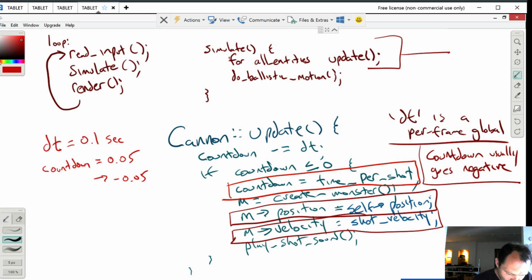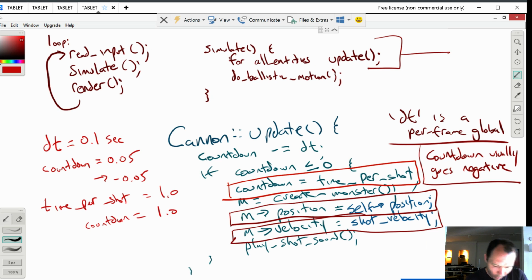And then we're going to add time per shot, and let's say this cannon fires every second, right? So now we reset countdown to time per shot. So countdown equals 1, right?